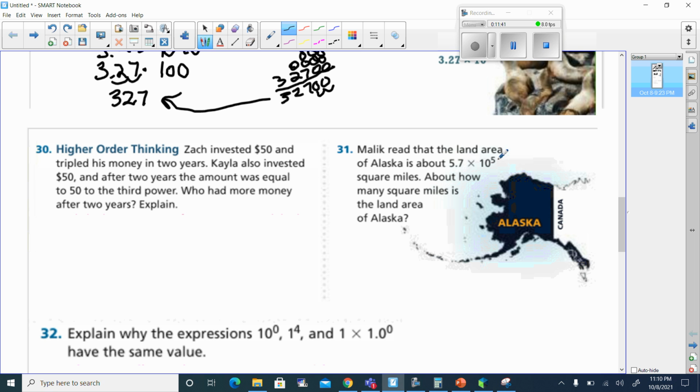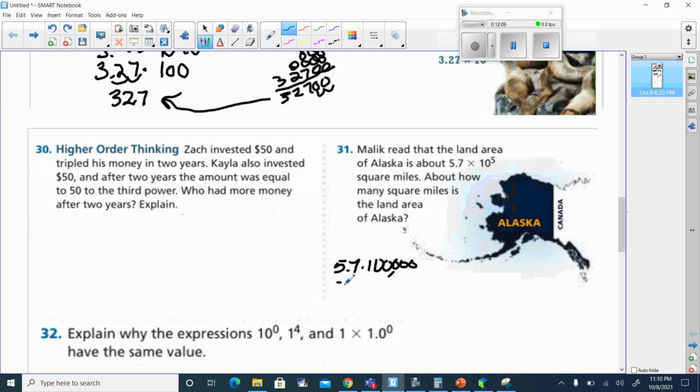So we're going to have 5 zeros here. This is really 5.7 times 10 with, well, we got 5 zeros. So that's 1, 2, 3, 4, 5, right? That's basically 100,000.